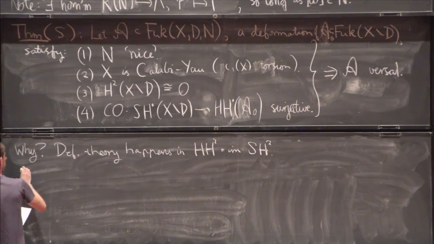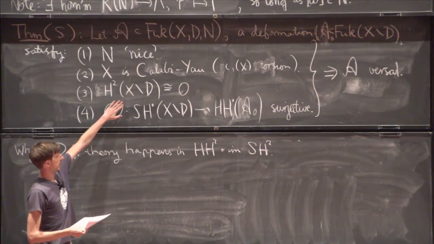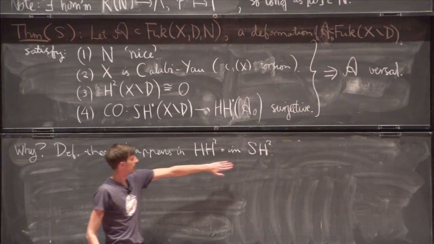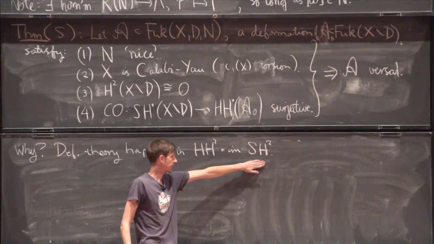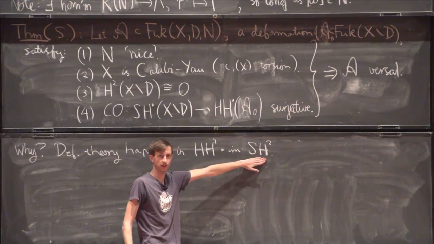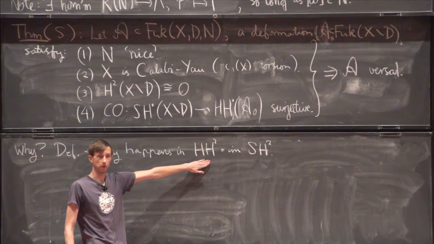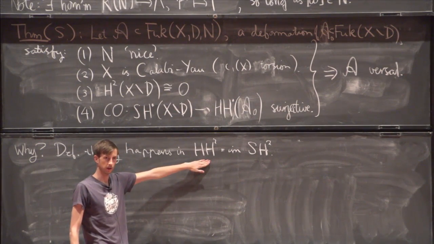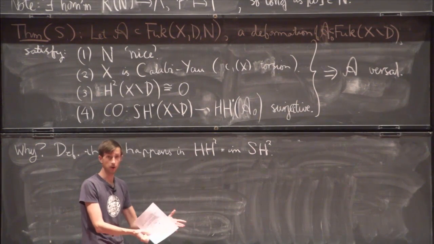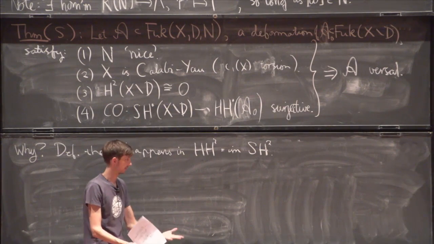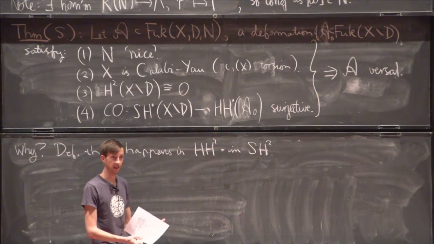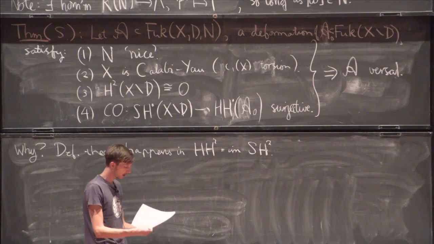If H2 of X minus D is non-zero, that gives us some extra classes in SH2, which could correspond to classes in HH2, which would be deformations that are not geometric, and our versality theorem would not hold.